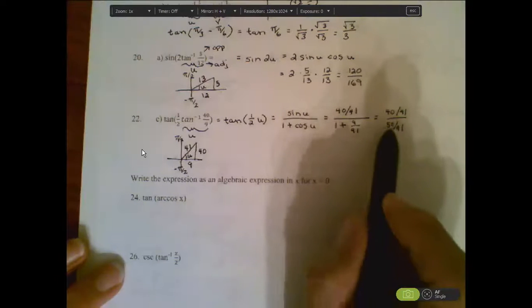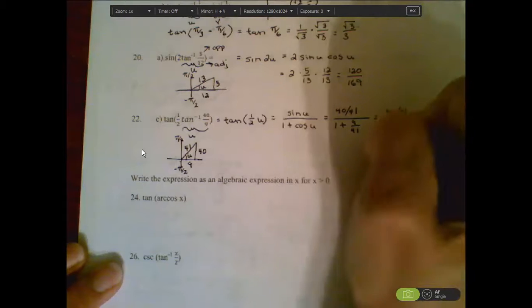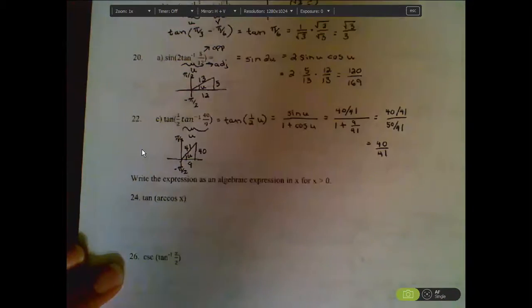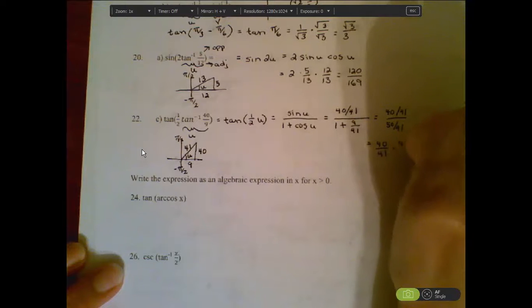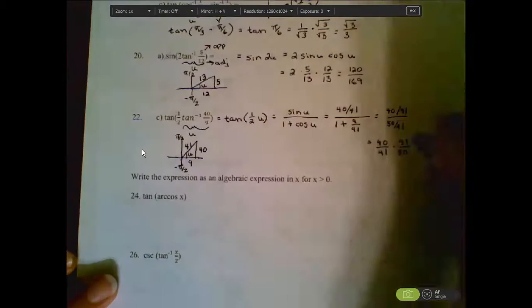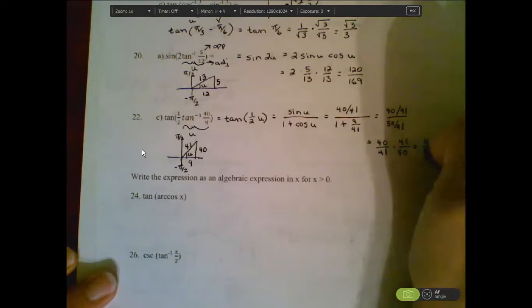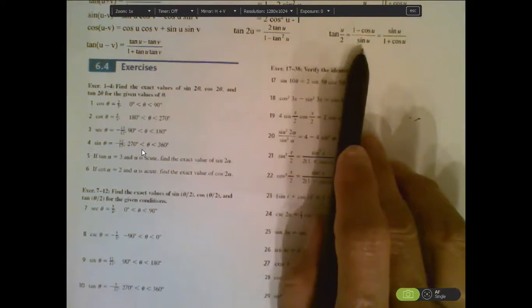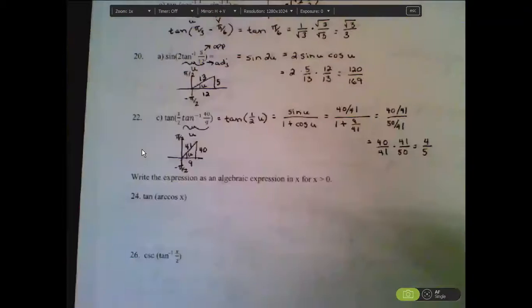And then the way that you divide one fraction by another is to multiply the numerator times the reciprocal of the denominator. That's just 4/5. If we had used the other formula for tangent of 1/2 u, we might have gotten a different looking answer, but it still should have simplified to 4/5.